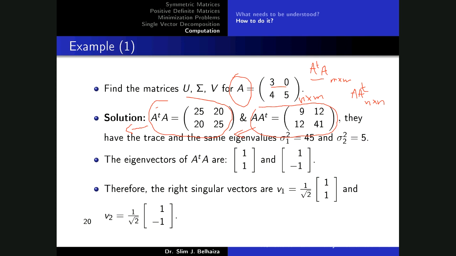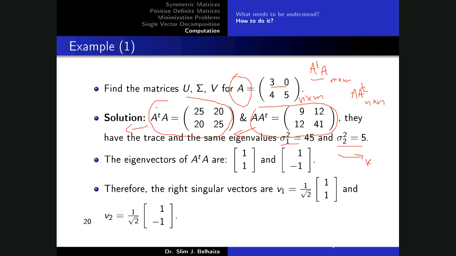So in this case, you can work your way and you get the two eigenvalues, which are positive. These are called sigma 1 squared and sigma 2 squared. In fact, we'll go till r. What is r here? The rank is 2, as you see for our matrix A. It's very easy. So once you get these eigenvalues, 45 and 5, you can get the eigenvectors.